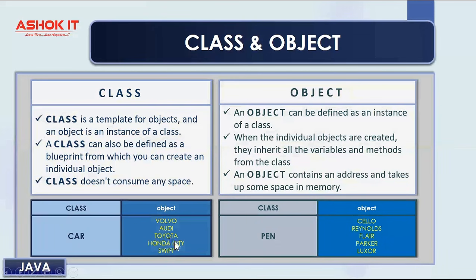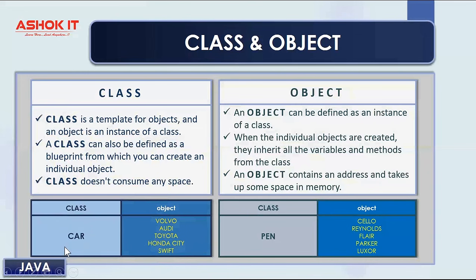This can be the name of a company, the name of a person or anything. Just if you see only this part, you will not be able to say that it is a car. But when we are seeing the class, we can say all these five names are the names of a car.